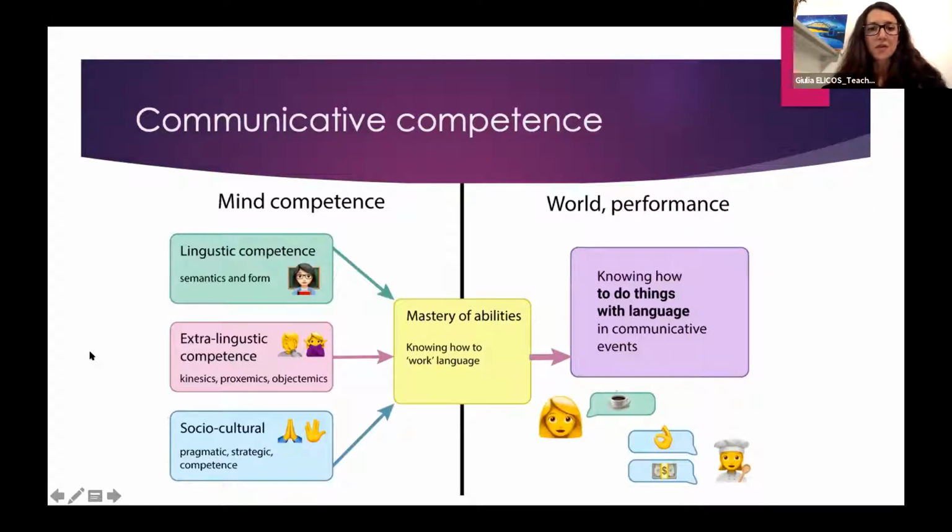We know that communicative competence is not only about language, but it's also about extra-linguistic competence. For this reason, I wanted to find a way to create a lesson which would engage them, include all these aspects and make them reflect on them.